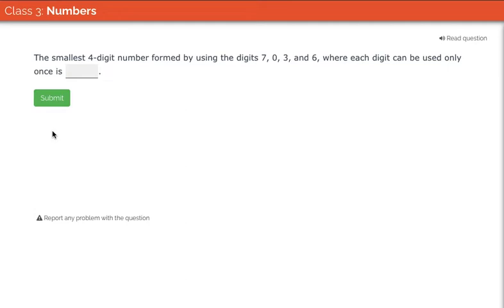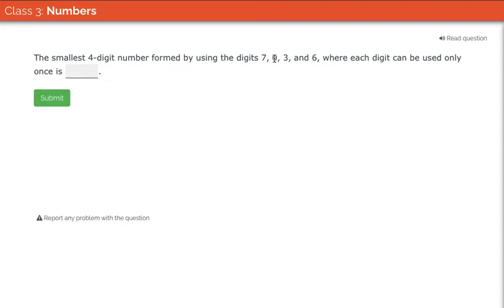The smallest 4-digit number formed by using the digits 7, 0, 3 and 6, where each digit can be used only once, is... So for the smallest 4-digit number, you can't put 0 at the first because then it'll be a 3-digit number when they want a 4-digit number.